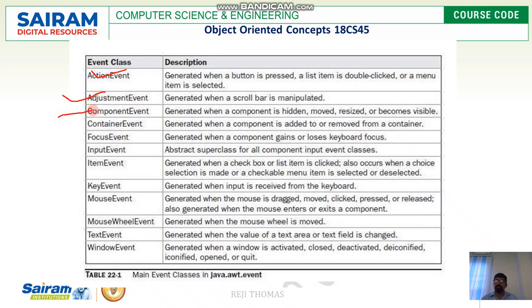Next is the container event class. The container event is generated when a component is added to or removed from the container. For example, think that this is the container where I'm going to insert a component or delete a component.